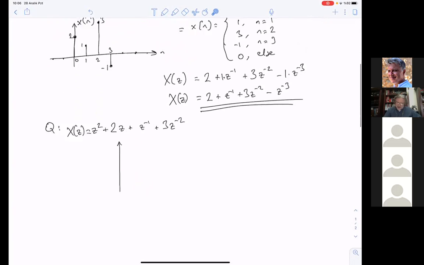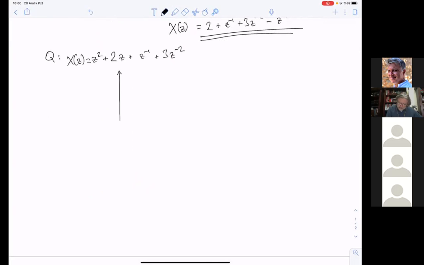Okay, so the signal is essentially, at n is equal to -1, we have 2. So this is x of n that I'm just plotting at -1.